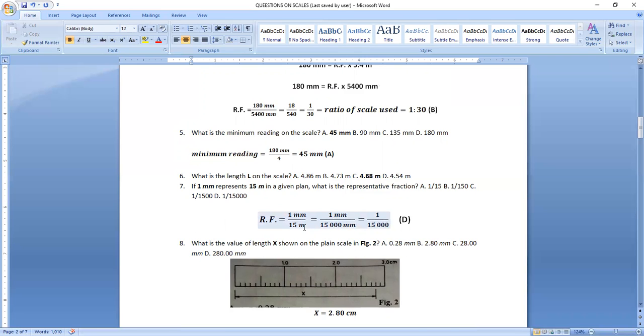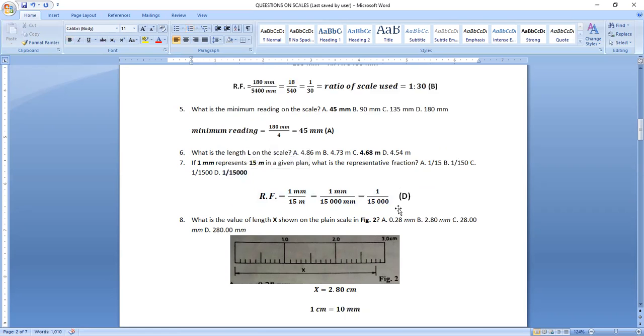As I said, we must convert the unit and make sure the unit of the denominator is the same as that of the numerator. Therefore, 1/15,000 is the RF used, so option D is the answer to this question.